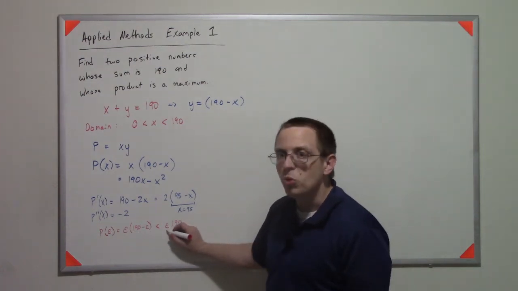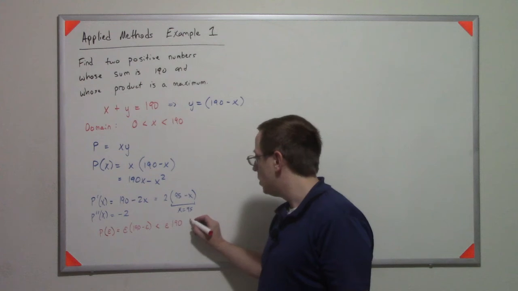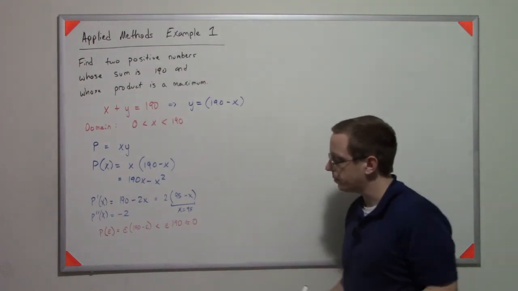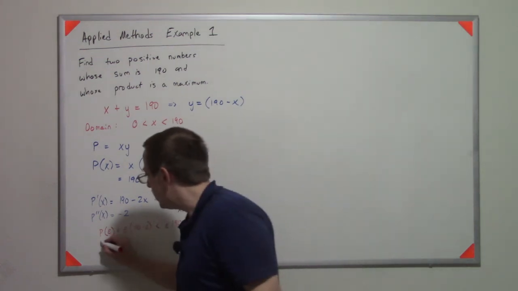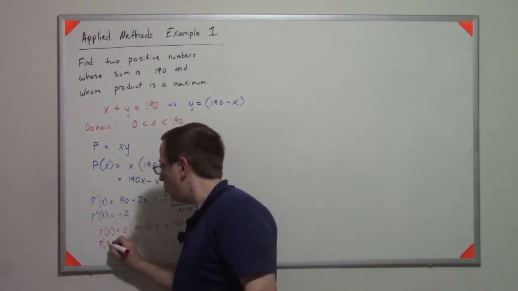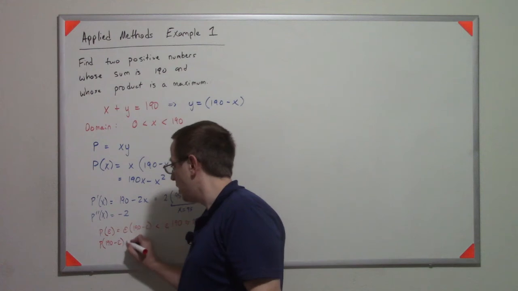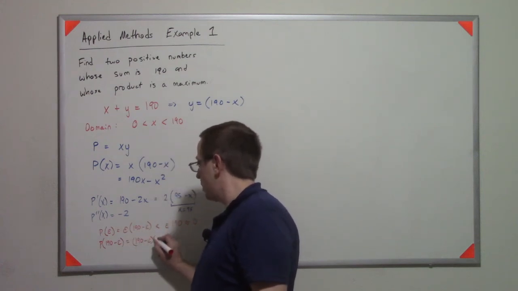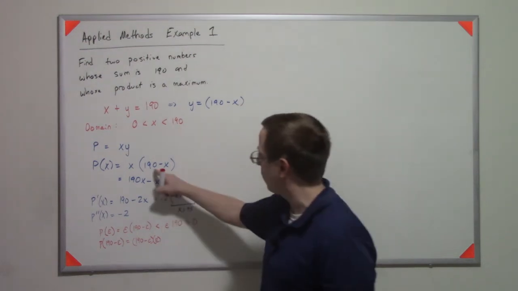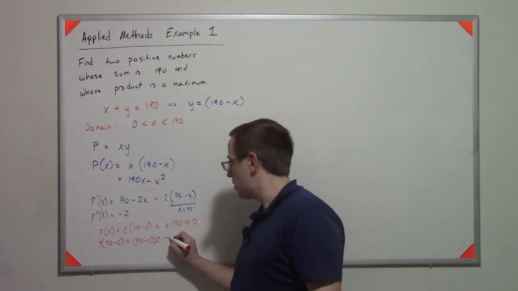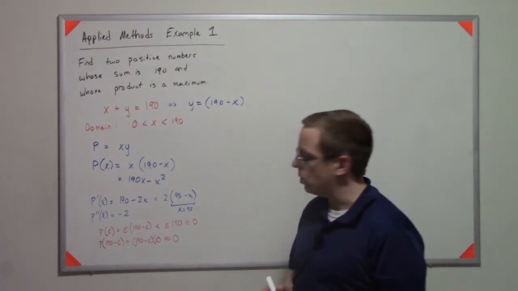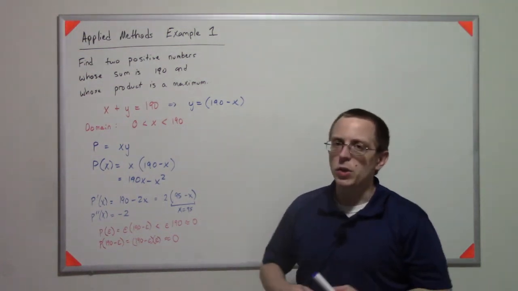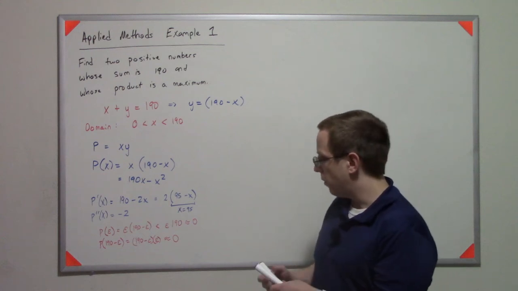That's really close to 0. And if we did the same thing for almost 190, we would get (190 minus epsilon) times epsilon, which is also really close to 0.